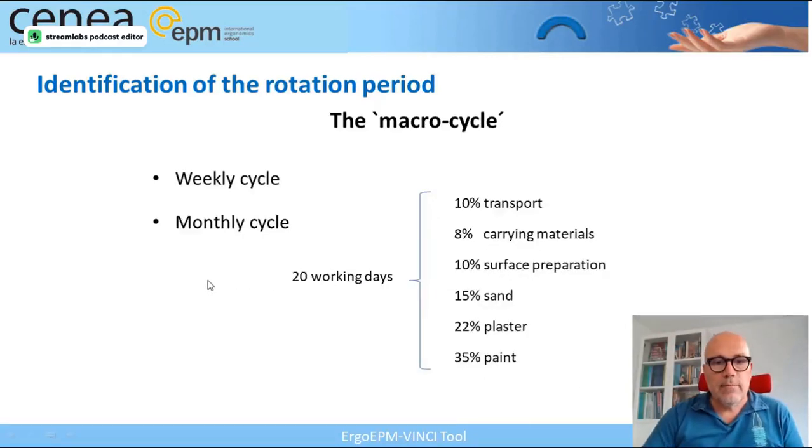Or what happens when the cycle is monthly? For example, a construction painter who works 20 days, but of those 20 days, 10% is dedicated to transportation, moving around and getting to the works. 8% of the time transports materials. 10% of the time prepares surfaces for work.